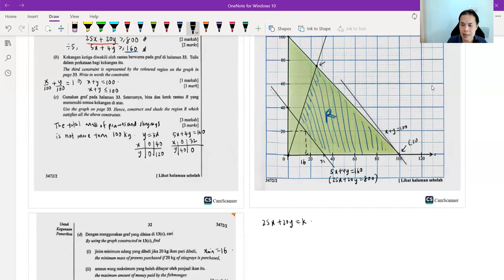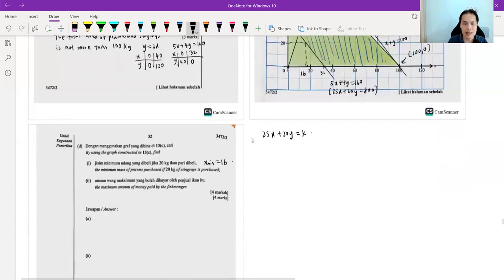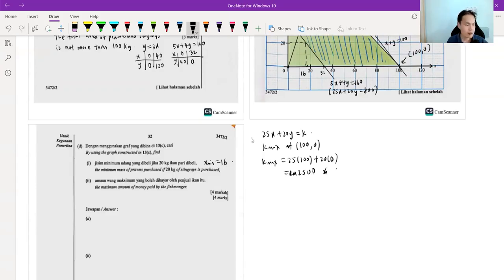We will write this as 100. That means if you buy prawn and no stingray, you will spend the most. So based on this graph, K is maximum at x equals 100. Your maximum value of K is 25 times 100 plus 20 times 0. That will give us RM 2,500. So the maximum amount is 2,500.